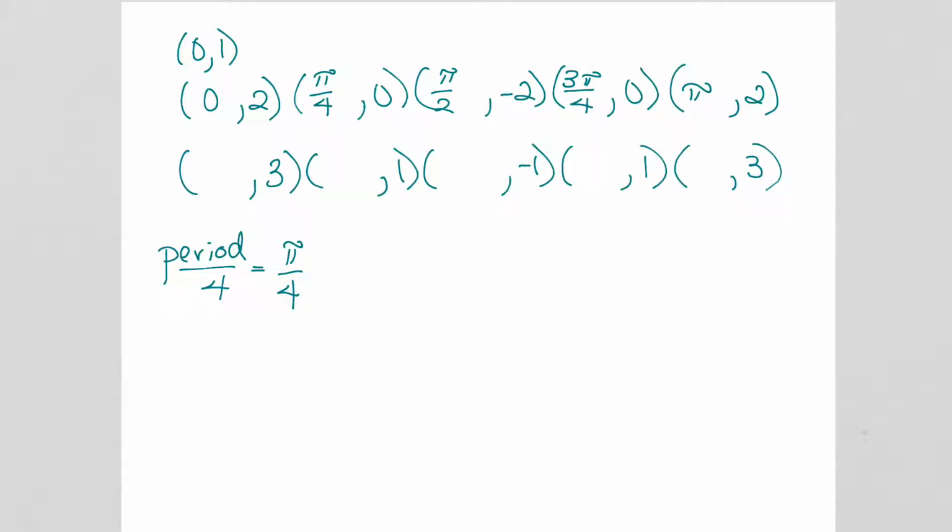But, of course, we have to add in our phase shift. And our phase shift was to the right 3 pi over 2. So 0 becomes 3 pi over 2. Then pi over 4 plus 3 pi over 2 is 5 pi over 4.